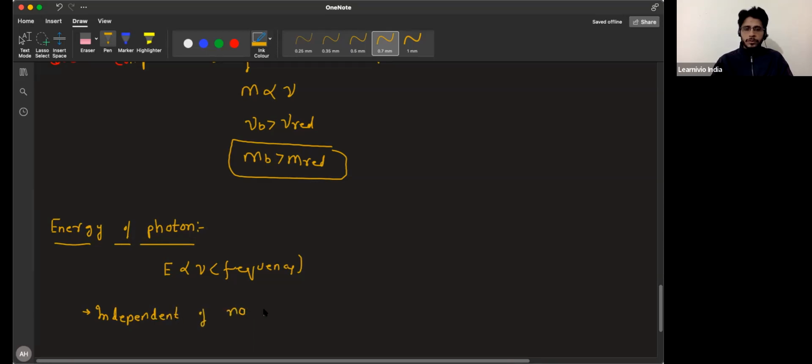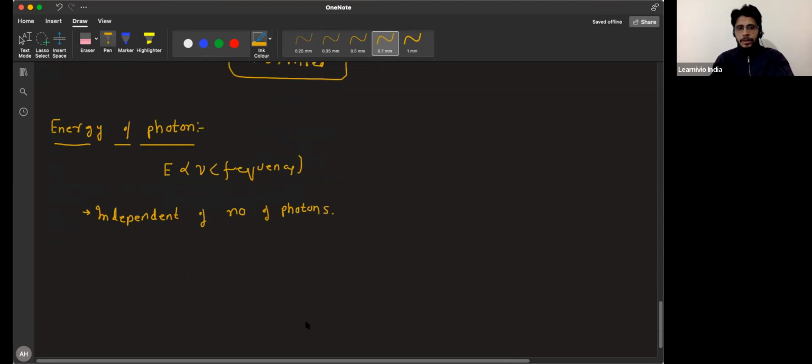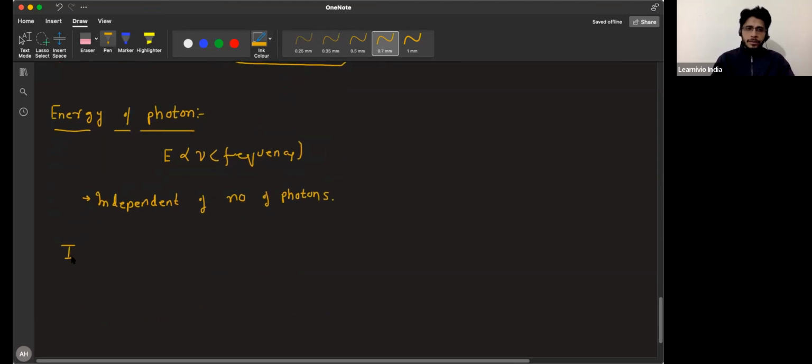So that's one thing: energy of photon does not depend upon the number of photons. It depends only on the frequency. So if you change the frequency of light, then the energy of photon will change. Then another term that you will use in photoelectric effect is intensity of photon.